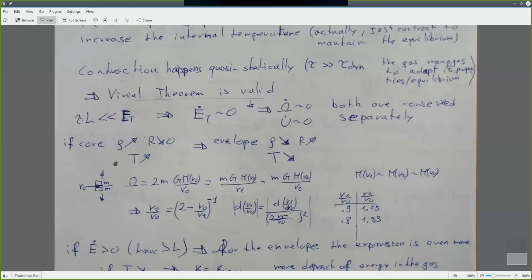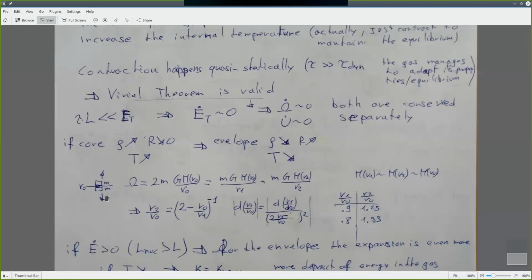Considering small variation, we consider that the mass at R0, R1, R2 are more or less the same, so the potential is similar. We can just simplify this part, and so we have a relation among the two distances of the two masses.